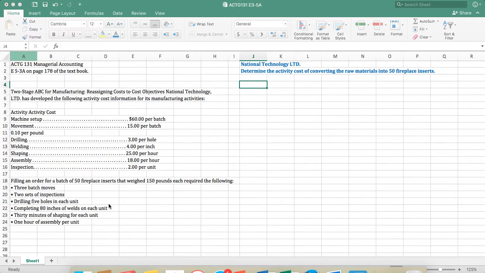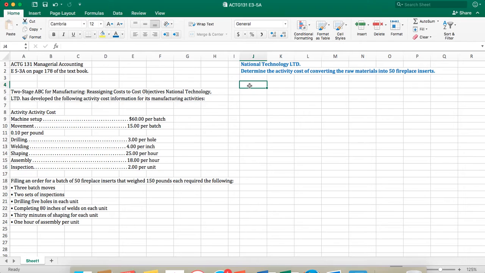And this information explains what type of activity a batch of 50 fireplace inserts that weigh 150 pounds have. So it's our job as accountants to put together the total cost for this particular batch of 50 fireplace inserts.